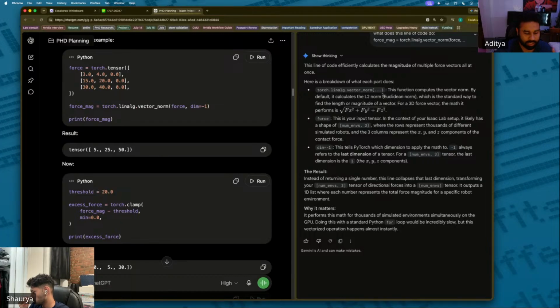So for example, at the first position the robot exerted a force along three dimensions: along the x-axis the force was 3 newton meters, along the y-axis the force was 4, and along the z-axis there was no force. But in the second step the robot increased the force to 15, 20, and 0.